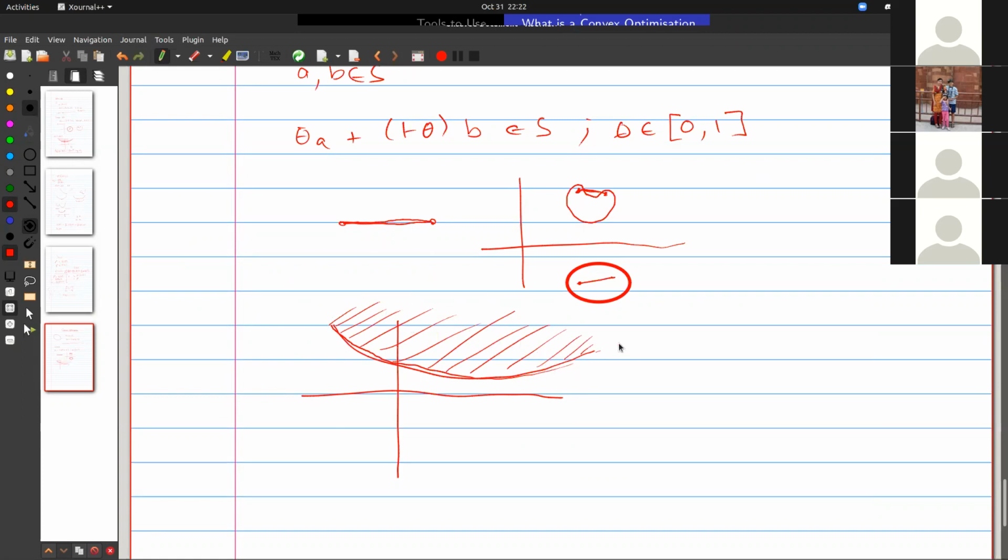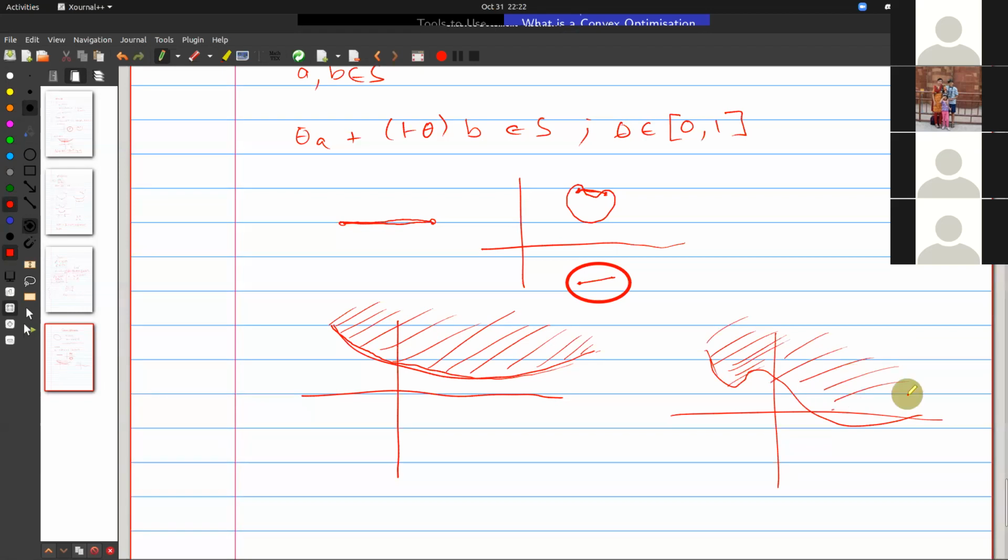So all the points above the function, that is with a value higher than the function, lie in the epigraph of the function. This epigraph is a set, and a convex function is a function for which the epigraph is a convex set. As you can see, anything like this would not be convex because this is not a convex set. Although it is unbounded above, it is clear that it's not a convex set.